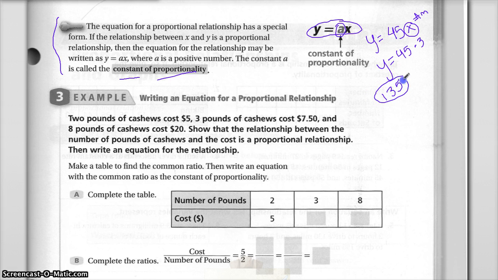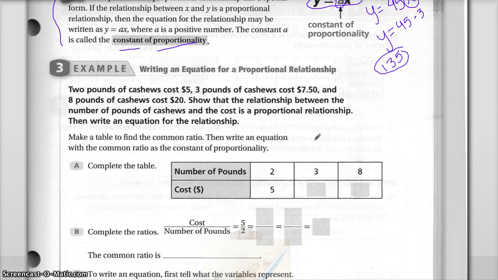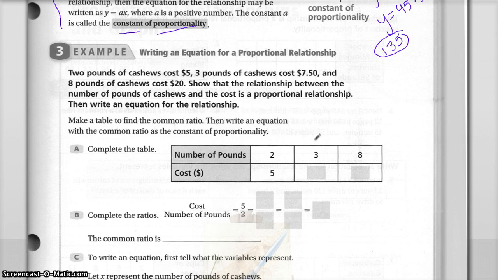This is your constant of proportionality, and a is always going to be your constant. You just need to know why this formula works and then be able to apply it in these upcoming problems. Writing an equation for a proportional relationship is our example 3.